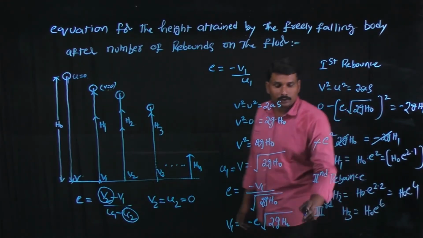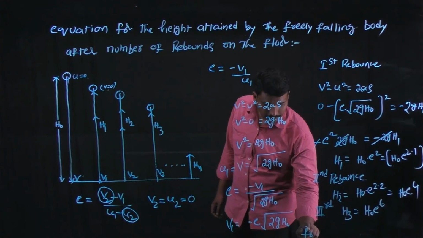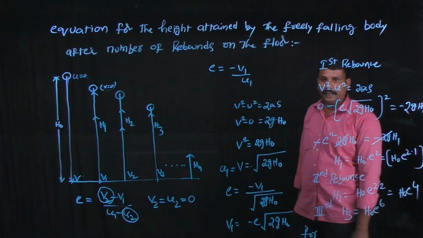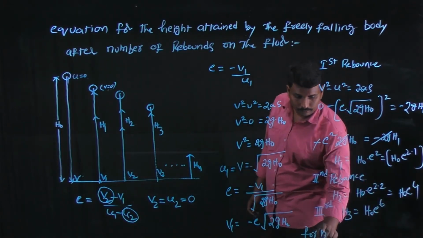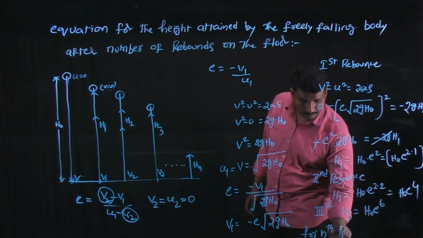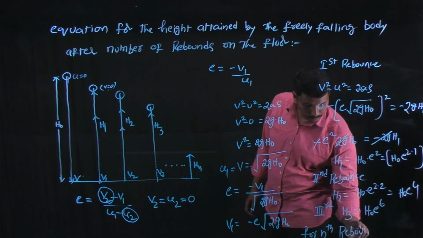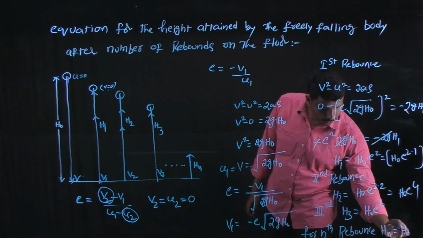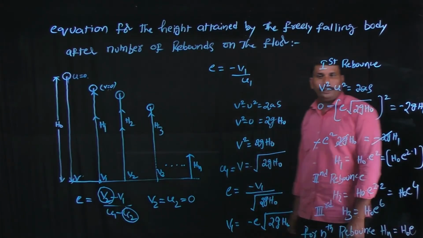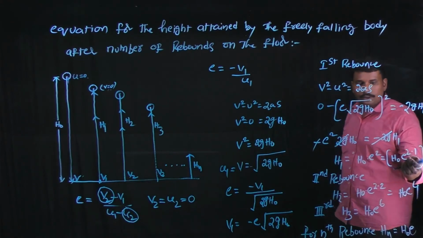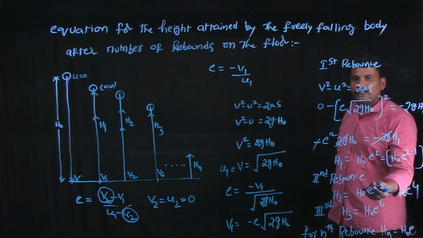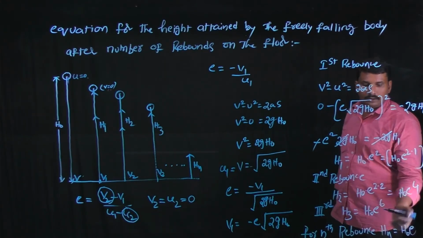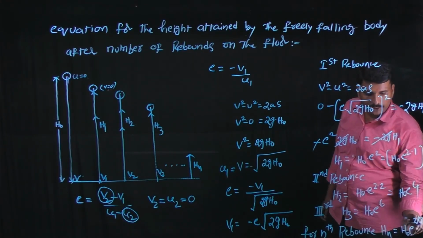For the nth rebounds, the height attained by the freely falling body in the nth rebounds is hn equals to h naught into e power 2 into, for the first rebounds it is 2 into 1, for the second rebounds it is 2 into 2, and for the third rebounds it is 2 into 3, for the nth rebounds it is 2 into n.